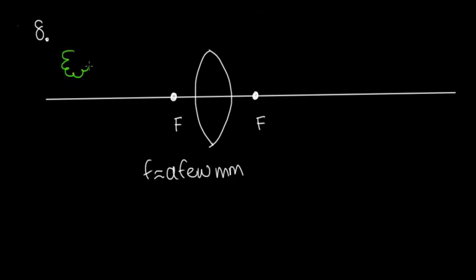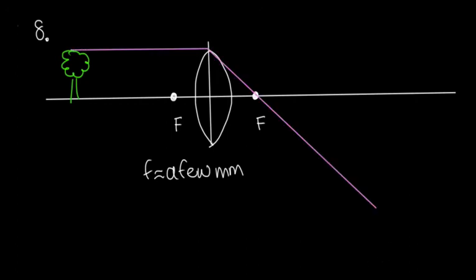So let's imagine here's a tree, and let's sketch the light rays coming from this tree. So we'll sketch the 3 primary light rays. Let's draw our line through the middle of our lens so that we can work out what's going on. Let's draw a ray coming from the top of the tree, comes parallel to this principal axis, and it's then refracted through the focal point.